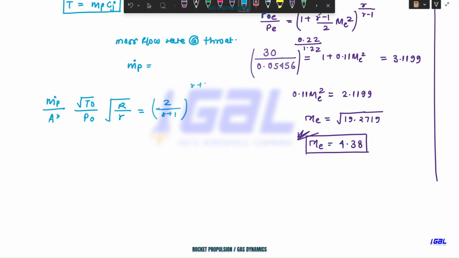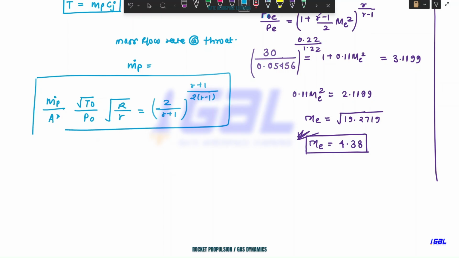You can use this one also, that is not the issue. You can also use this formula to calculate the mass flow rate from the nozzle, provided that you have every data in this. T naught you have, P naught you have, A star you have, R you have, gamma you have, everything you have. This right hand side is anyway constant. You can solve for m dot P.